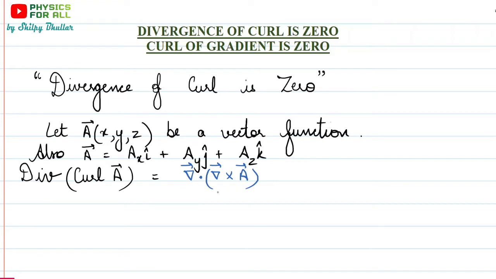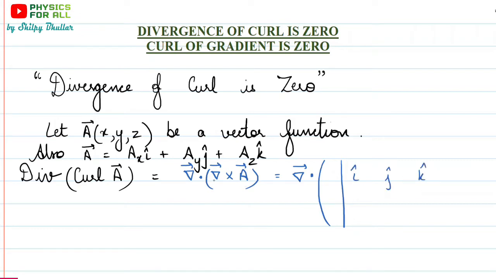So first we are going to solve this curl of A. We can write it as del dot. And then how to find curl? Of course, we have to make use of the determinants, and we are going to write i cap, j cap, and k cap.